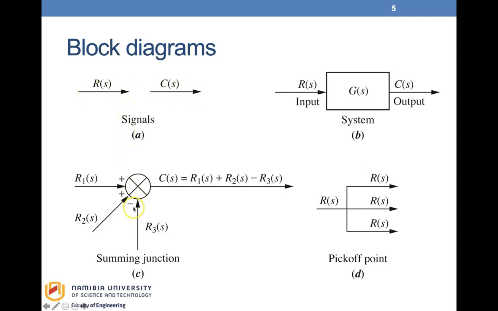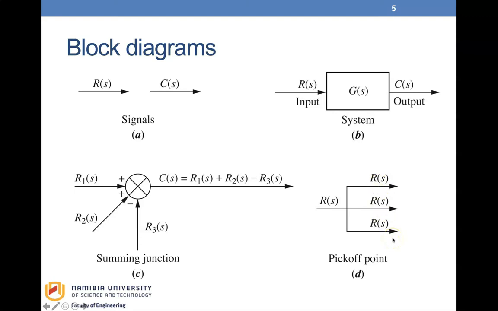Summing points will always indicate if the signal entering the junction is positive or negative, and the signal out of the junction is the algebraic sum of all the signals into the junction. The pick-off junction, as shown in this diagram, distributes the input signal out of it.